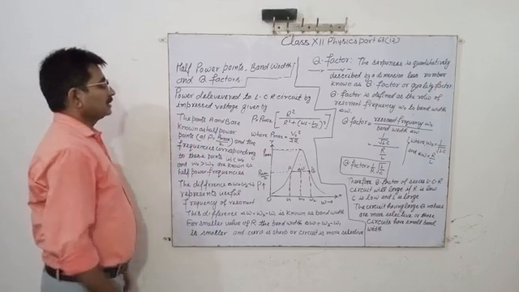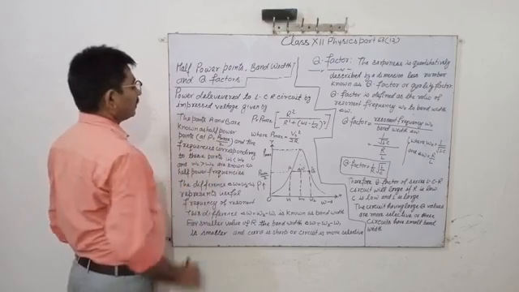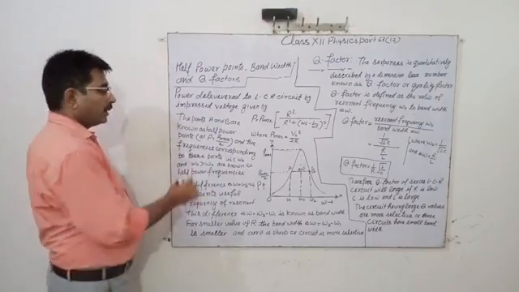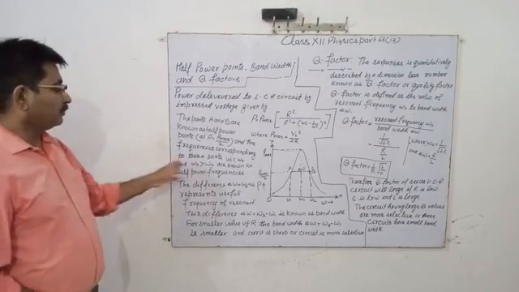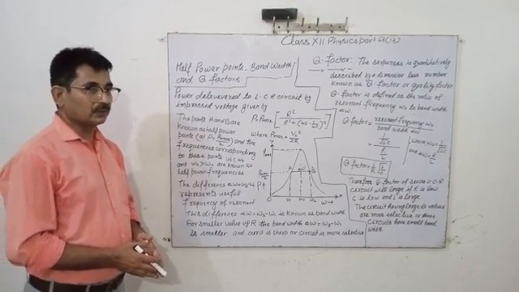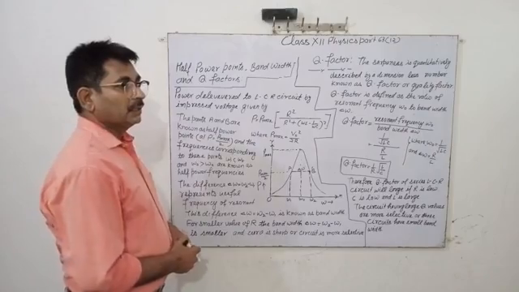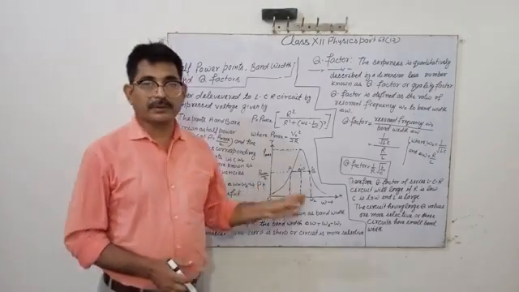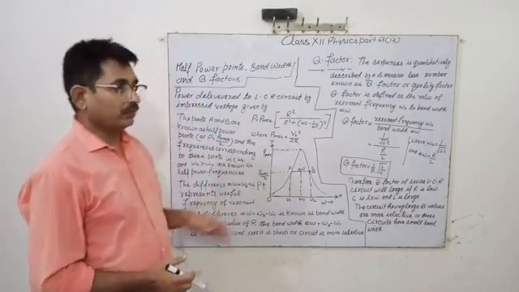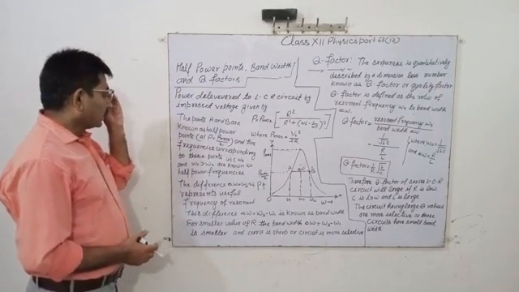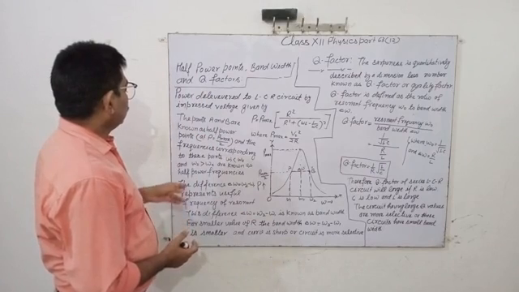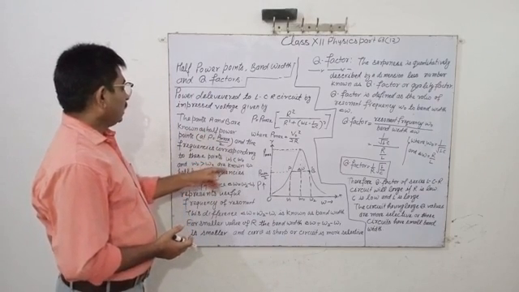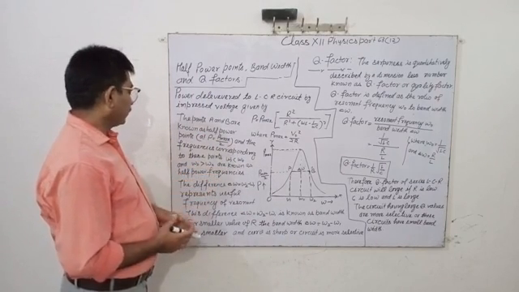Because at these points power is half of the maximum power, and the frequencies corresponding to these points, omega 1 and omega 2, are known as half power frequencies. Omega 1 is less than the resonant frequency omega naught, and omega 2 is greater than the resonant frequency omega naught.